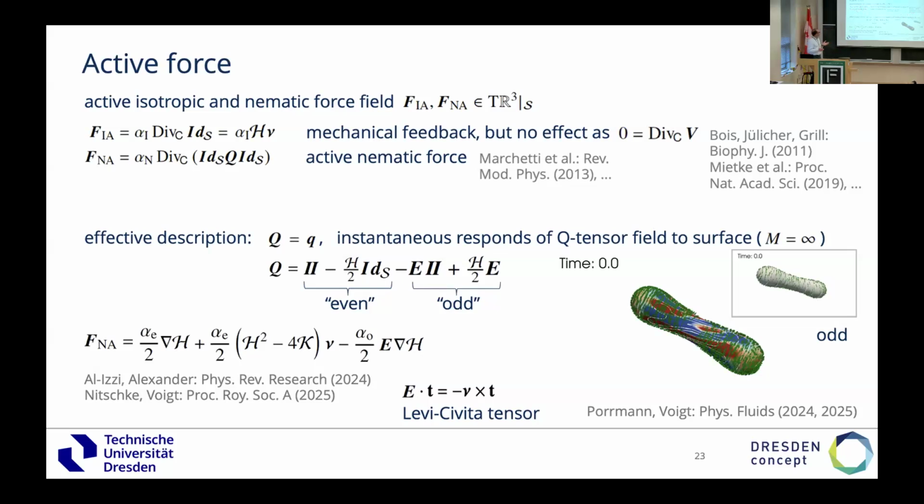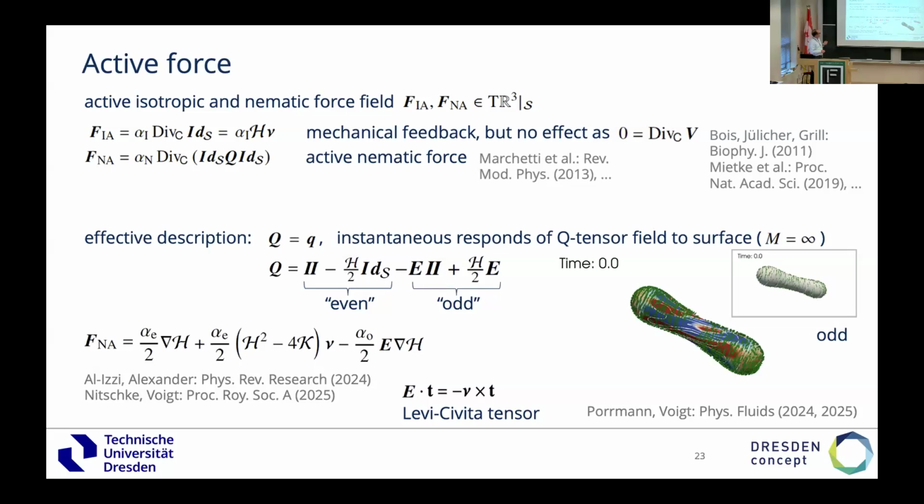Okay. Now, if we assume that our Q tensor field is tangential, and if we further assume that it instantaneously responds to any surface change, so essentially saying that the mobility is infinite in the evolution for Q, then we have this relation between Q and the geometry, and we can decompose Q and express it in geometric quantities.